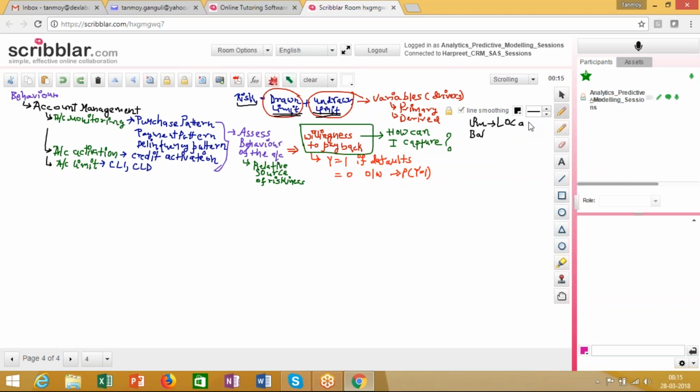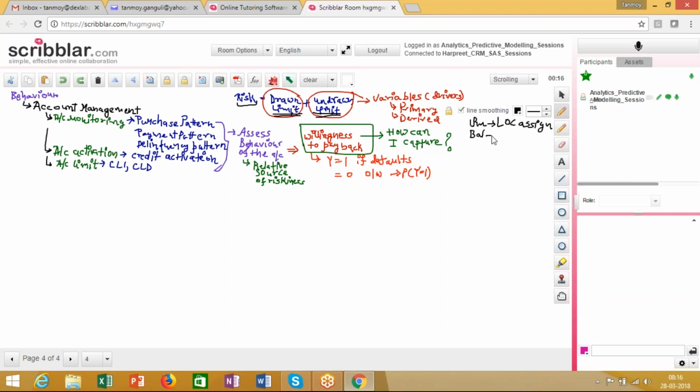So I take up a card which has a limit of say 20,000 assigned to me. So I can use credit up to 20,000.